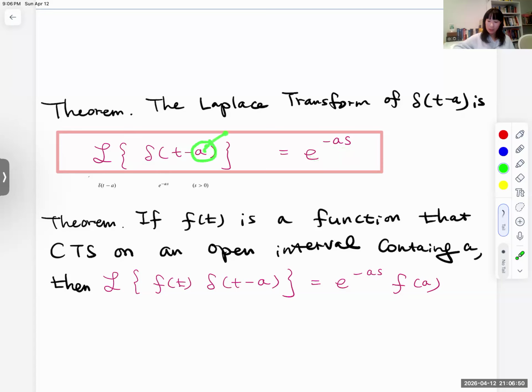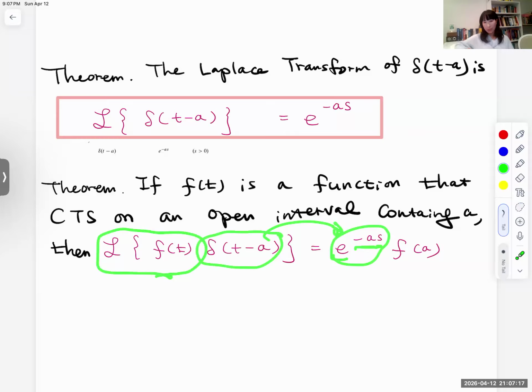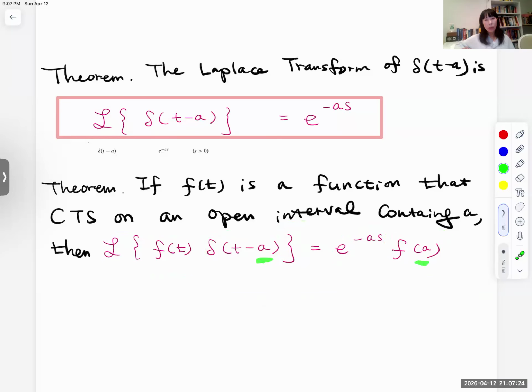Now, if f of t is a function on a continuous open interval containing a, then the Laplace transform of f of t times delta of t minus a is e to the negative as times f of a, with the same a here.